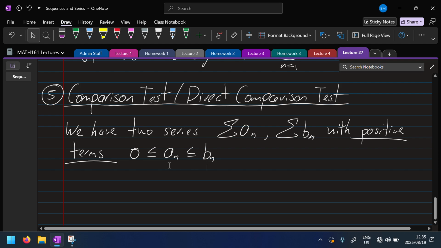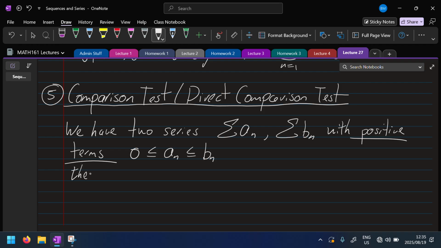Then, if the larger one, the series with b sub n, converges, then the smaller one also converges.